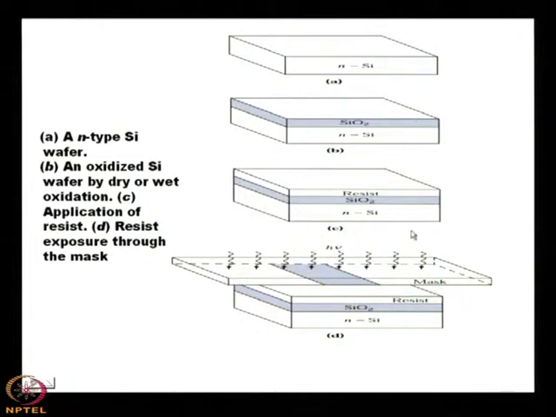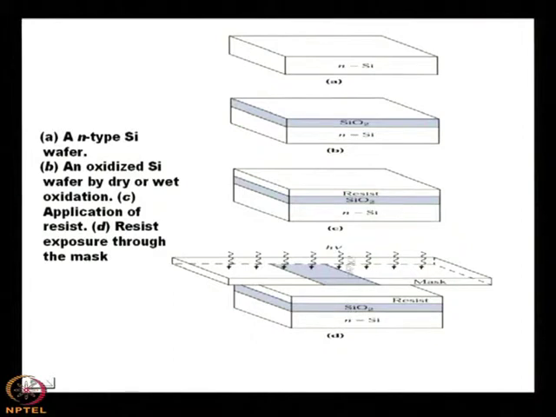Depending on the nature of the photoresist, because photoresist is an ultraviolet sensitive polymer, ultraviolet sensitive chemical, when ultraviolet light falls on it, only on the window region it will be in direct contact with the photoresist. On the other parts the ultraviolet light will be blocked.